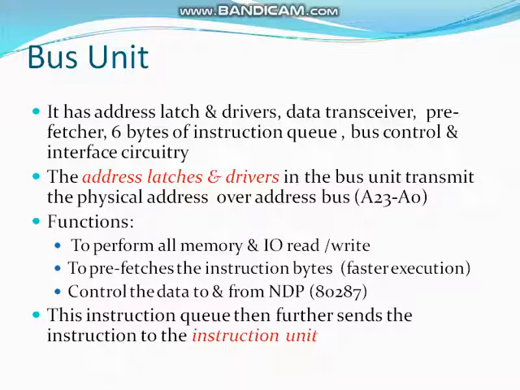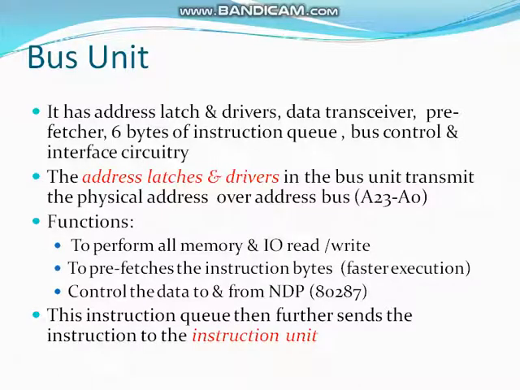So here it has a 6-byte instruction fetch queue. In advance it will fetch 6 bytes of any program, not 6 instructions. It has the ability to control the data to and from the numerical data processor, that is the 80287.